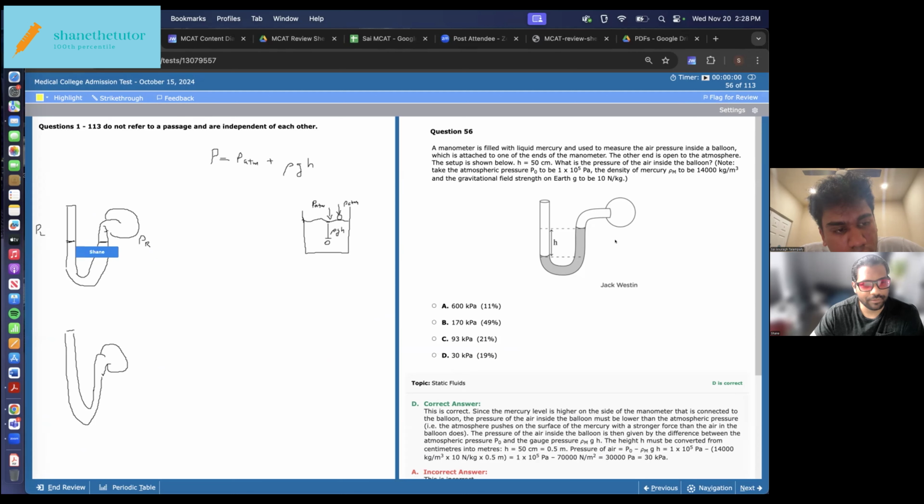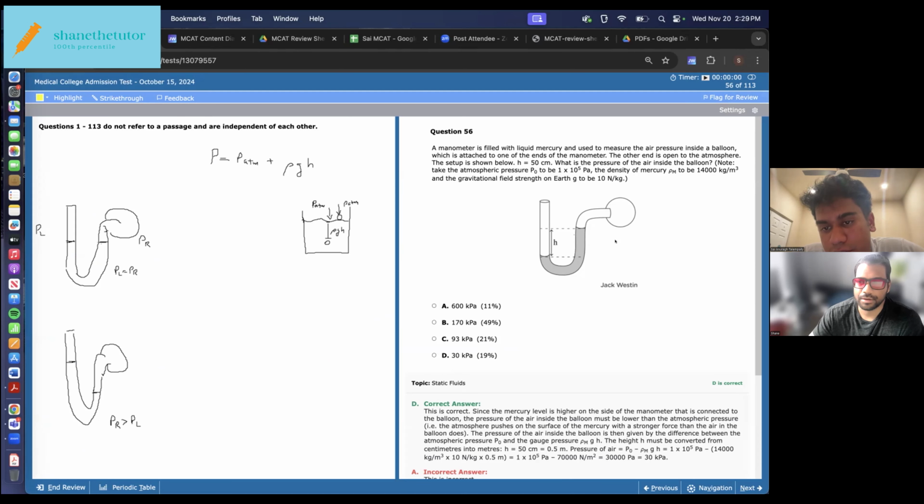They're both exerting the same pressure, so they're equal. Pressure left equals pressure right. Now what about this? Here the balloon is exerting more pressure than the atmospheric pressure of the air, so the pressure on the right is greater than the pressure on the left. And for this example, the pressure on the left is greater than the pressure on the right.